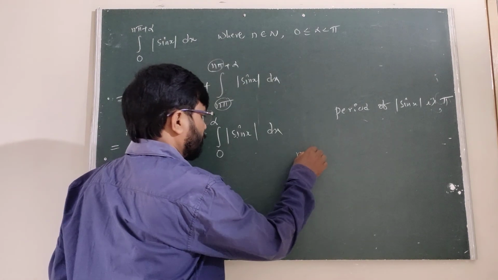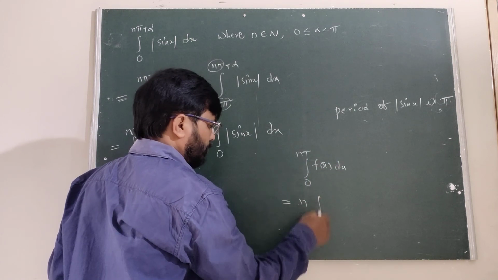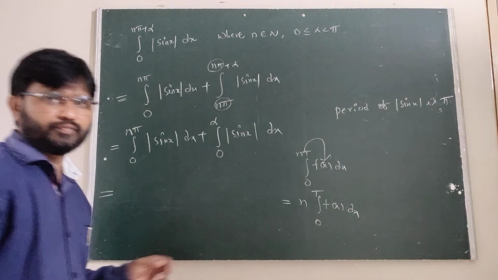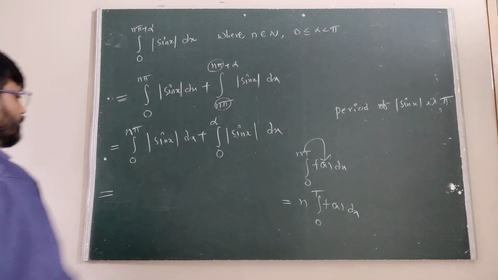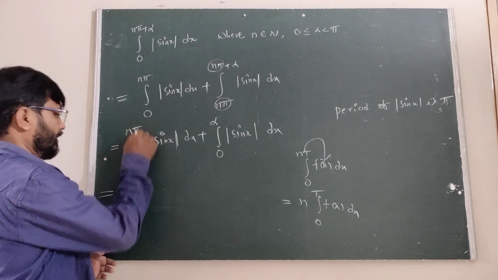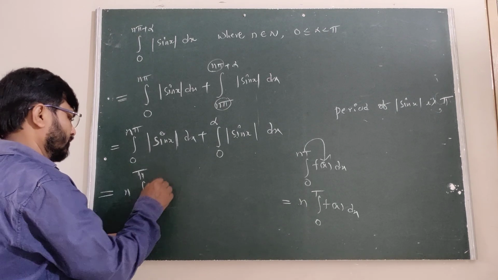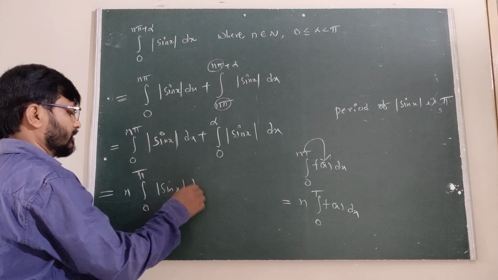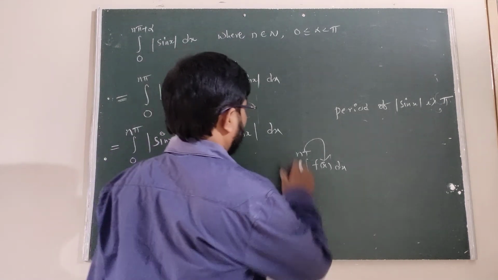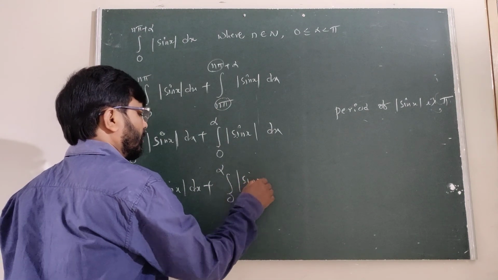The integral from 0 to nT of f(x) dx is n times the integral from 0 to T of f(x) dx, where T is the period of f(x). Similarly, the modulus of sin x has the period pi, that means n times the integral from 0 to pi of modulus of sin x dx.